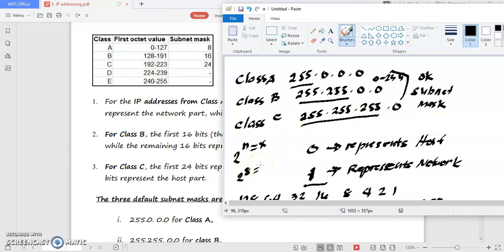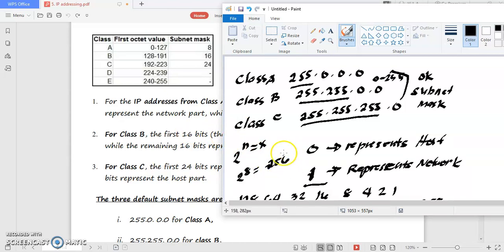2 times 2, 4 times 2, 8 times 2, 16 times 2, and so on. 2 raised to the power of 8: 2 times 2 is 4, times 2 is 8, 16, 32, 64, 128, 256.